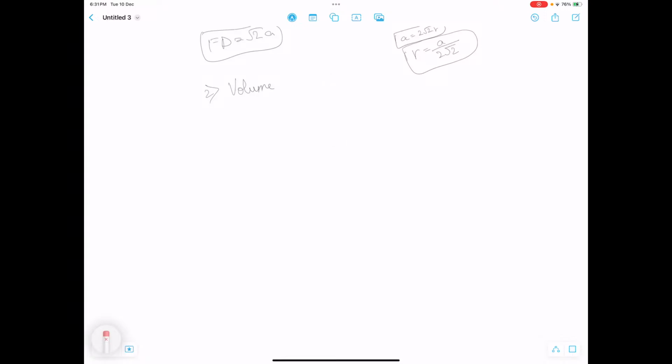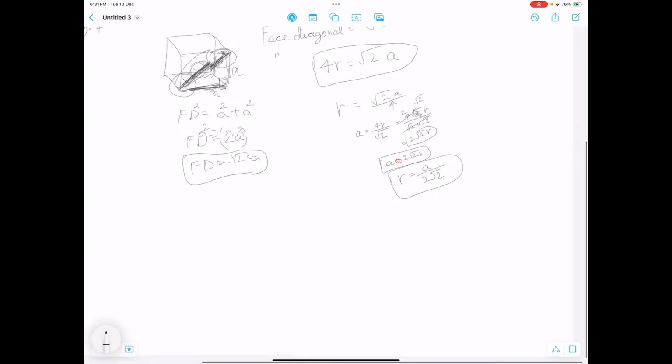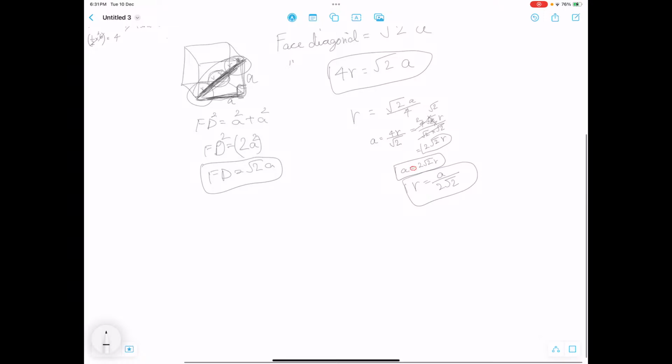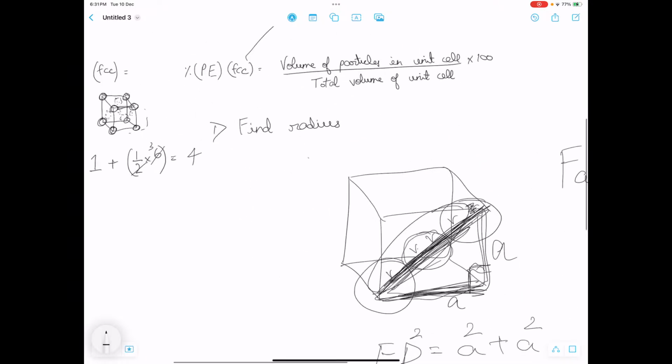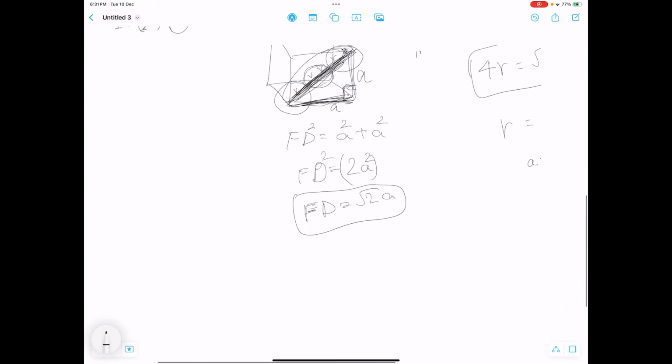Okay, so as we know, in SCC, after we calculated the volume occupied by atoms in the unit cell, we did not multiply it by anything because there was only one atom. Now as we know here, there are 4 atoms in FCC. So now we need to multiply that volume by 4.